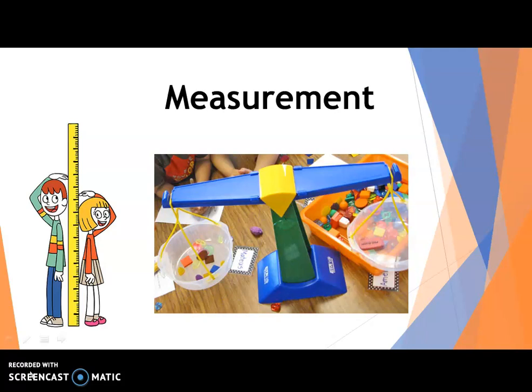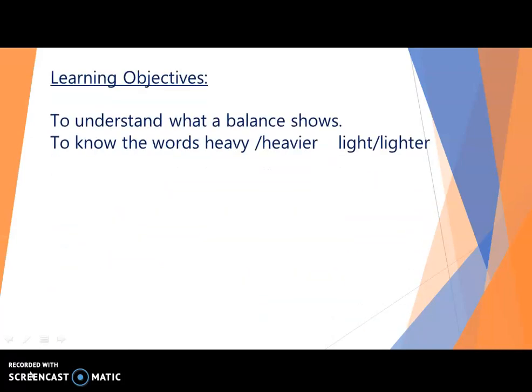We will know more. But first, we need to know our objectives. Our learning objectives are to understand what a balance shows and to know the words heavy, heavier, light, lighter. Are you ready?